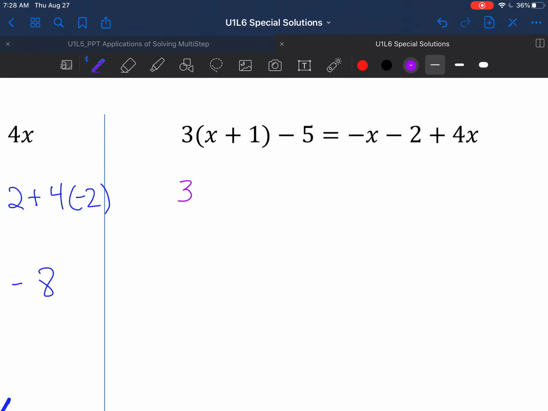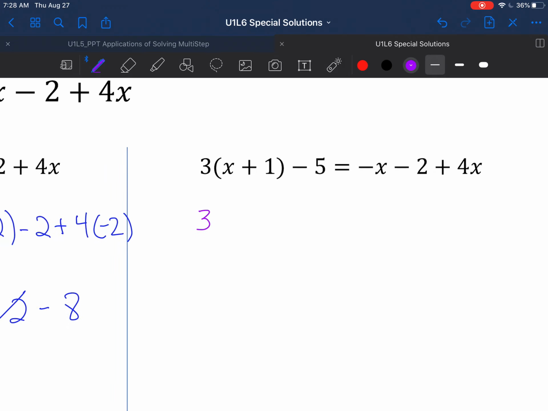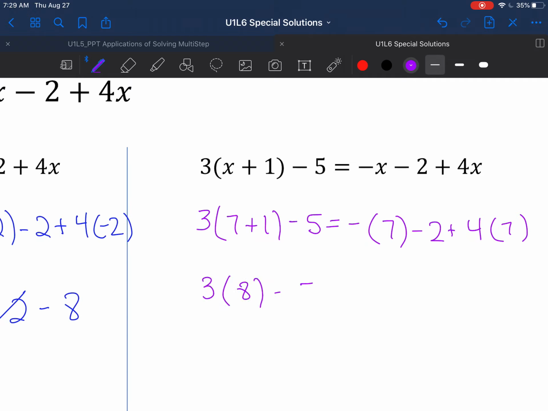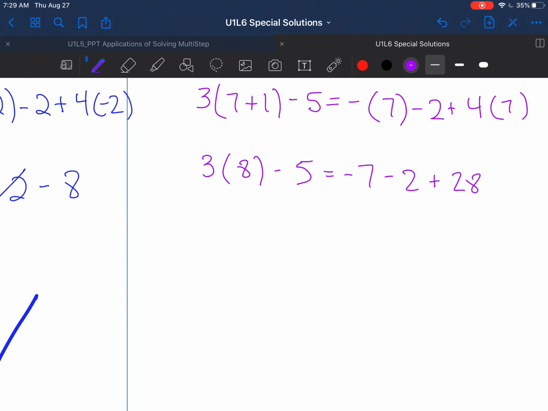That was 7, right? Yes, x equals 7. So replace every x with a 7 now. Seven plus 1 makes 8, equals negative 7 minus 2. 4 times 7 gives us 28. 3 times 8 is 24.